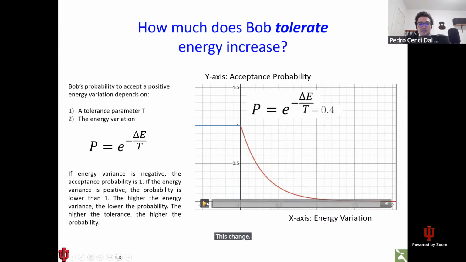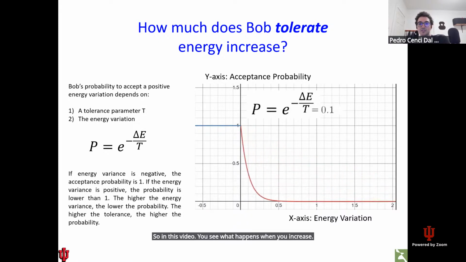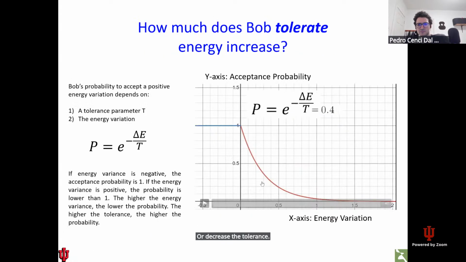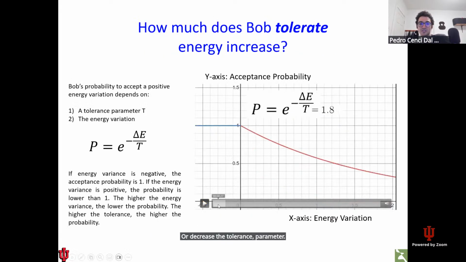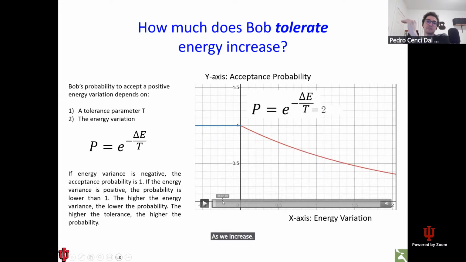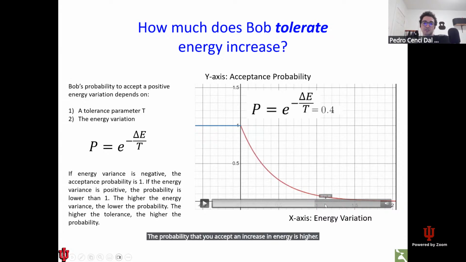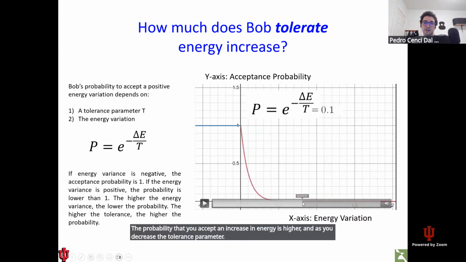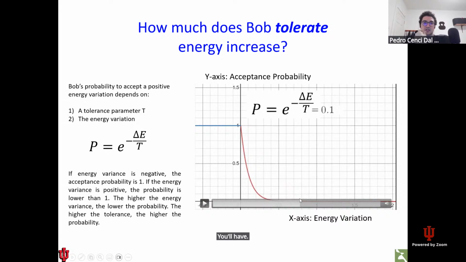So in this video, you see what happens when you increase or decrease the tolerance parameter. As you increase it, the probability that you accept an increase in energy is higher. And as you decrease the tolerance parameter, you have a lower probability of accepting the change. It follows this exponential curve. So the higher the variation of energy, the lower the chance that you accept.